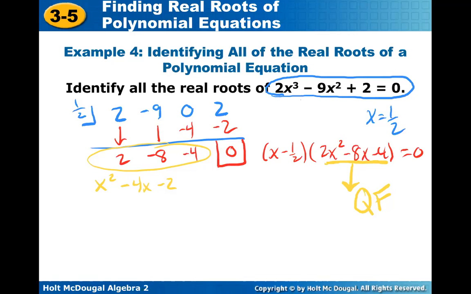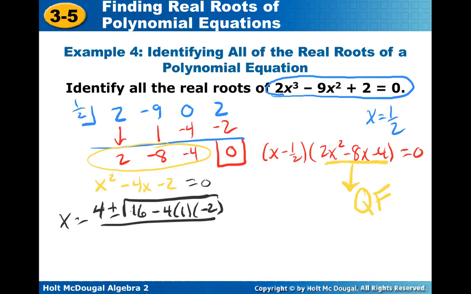You're going to have more simplifying to do in the end, so I'm going to simplify it right now. Well, here we go with the quadratic formula. The opposite of b plus or minus the square root of -4 squared, which is 16, minus 4 times a times c, all over 2 times a.